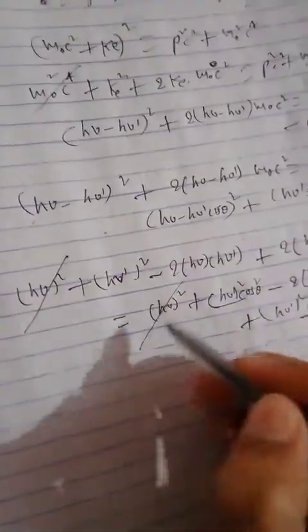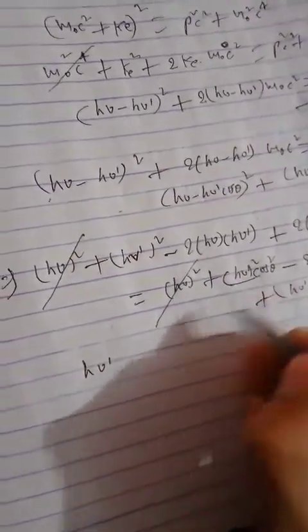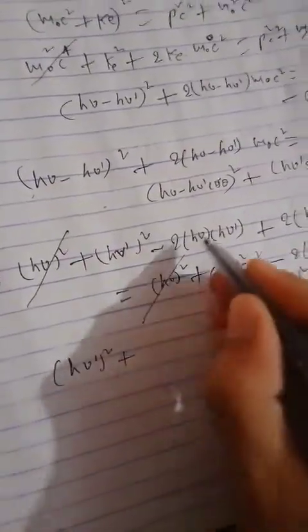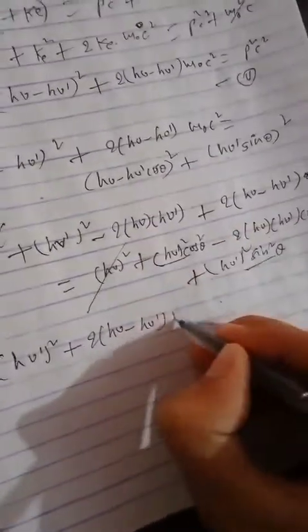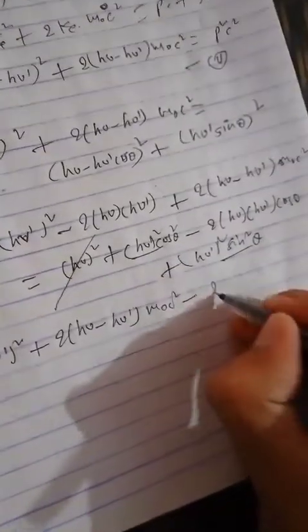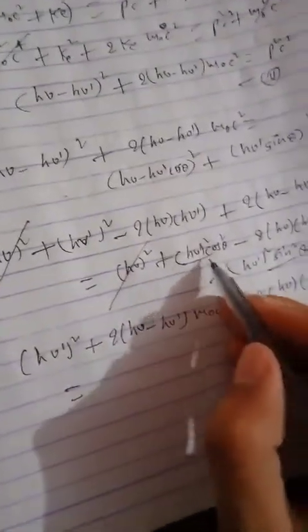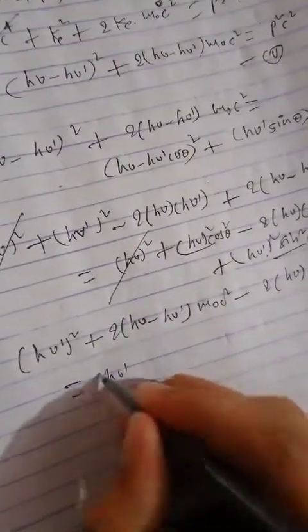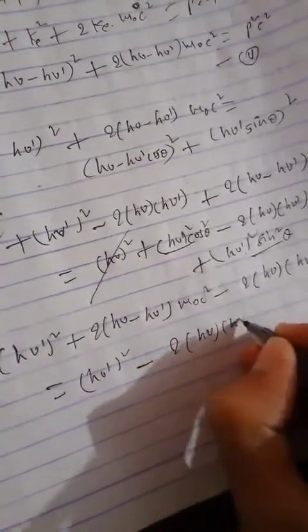Here this and this term get cancelled, and so we have h nu prime whole square plus 2 into h nu minus h nu prime m naught c square minus 2 into h nu into h nu prime is equal to, simply, h nu prime whole square minus 2 into h nu into h nu prime times cos theta. Again, now this term and this term will be cancelled out.